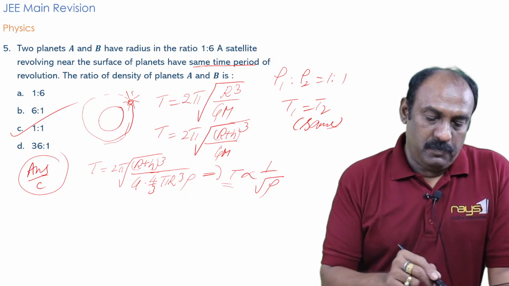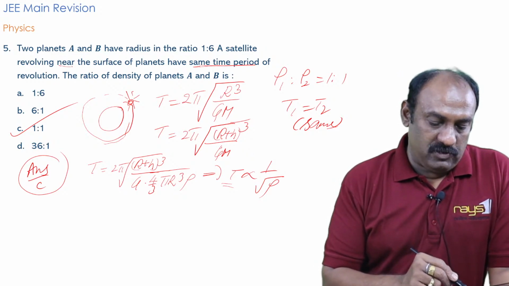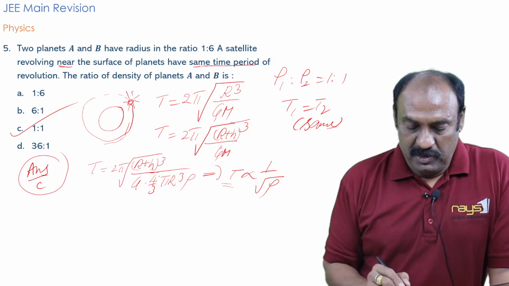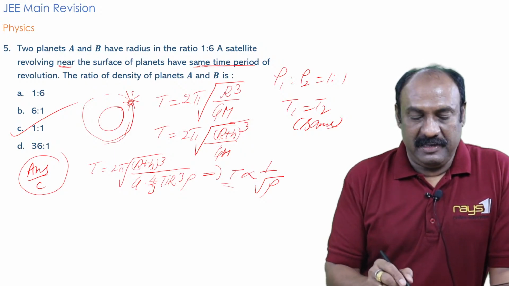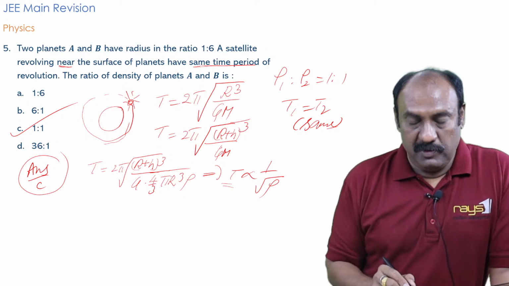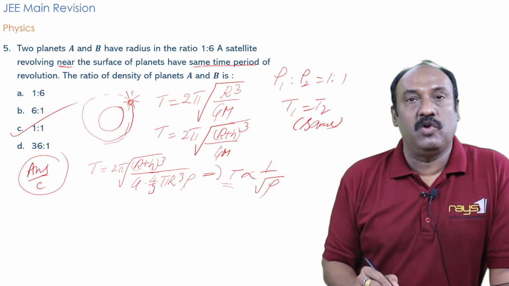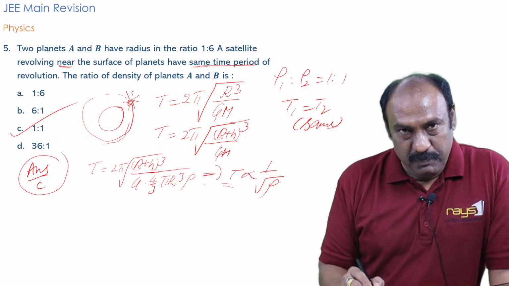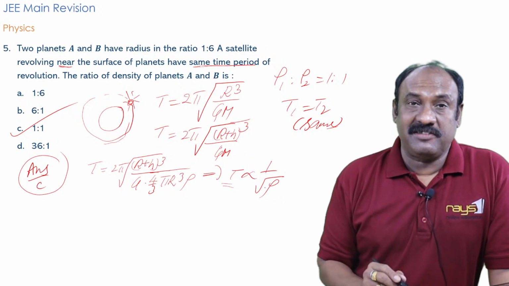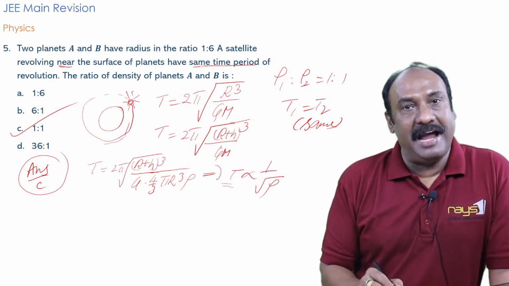Here two planets' satellites revolve near to the surface, so this r cubed and r cubed get cancelled. Near to the surface, this is the formula, and time period depends only on the density of the respective planet. If it revolves at a certain height, then it depends on this height and radius.